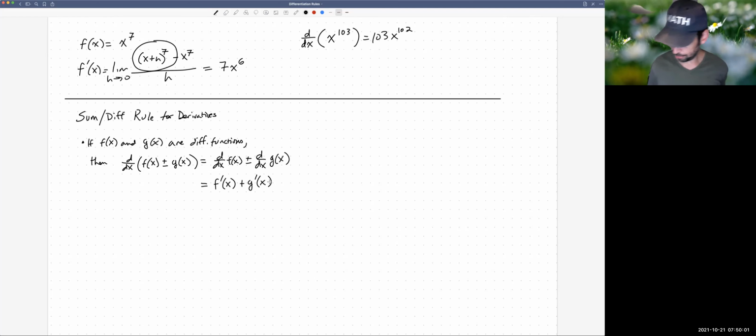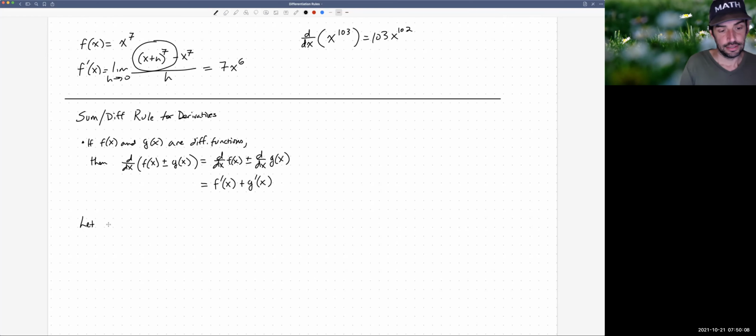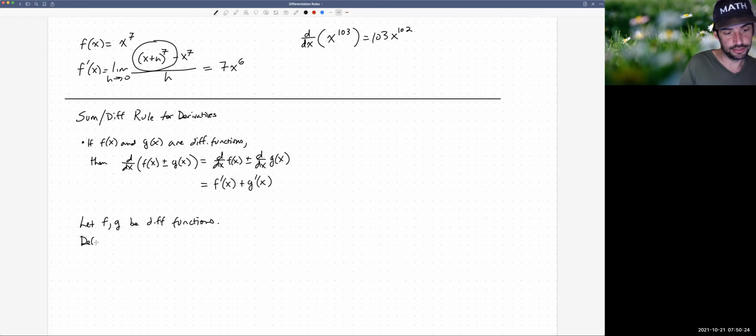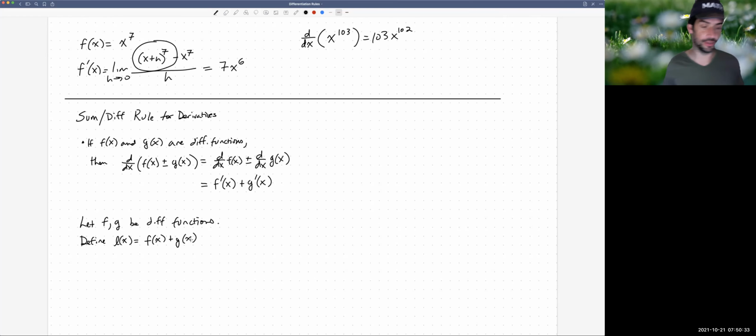This is pretty straightforward. Let f of x and g be differentiable functions. And define L of x to be, I'm going to do it for sums just to keep this notation simple, but you can do everything I'm doing with a difference here.